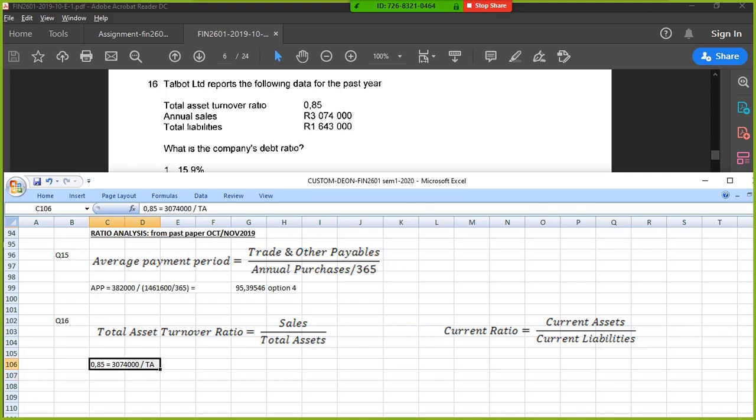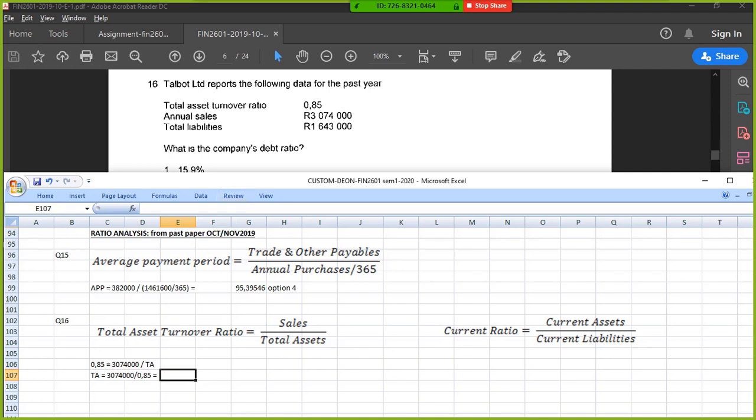Do I have enough information here to work out my total assets? Yes, I can solve using algebra. Take everything to one side. Total assets goes to the left.